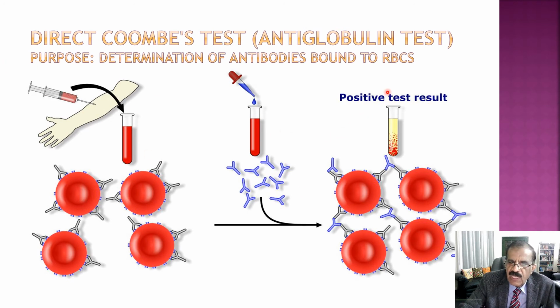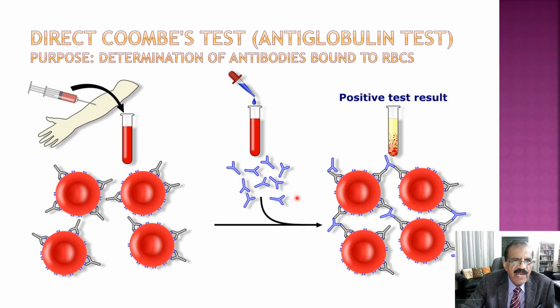Now this is the concept of direct Coombs test. Now direct Coombs test is done in hemolytic anemia, autoimmune hemolytic anemia, and this is now called antiglobulin test. Coombs was the person who described it, and antiglobulin is actually the principle of this test. Now these days we call it antiglobulin test. It is direct and indirect.